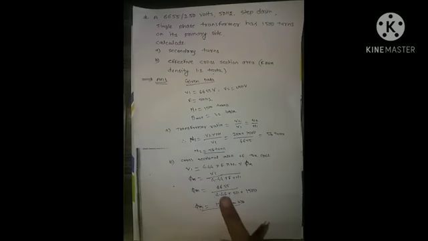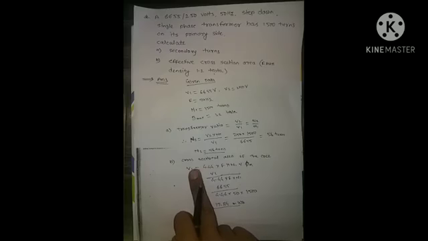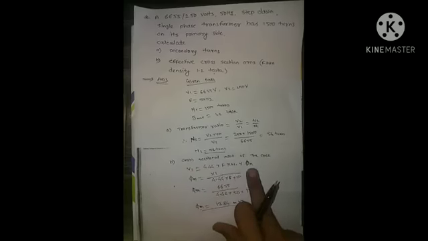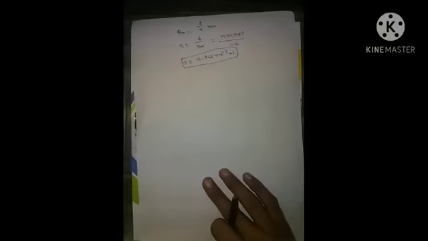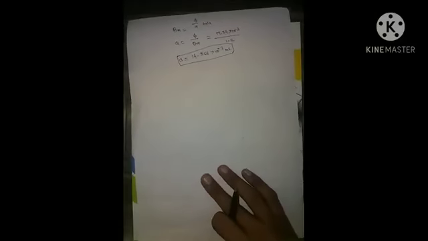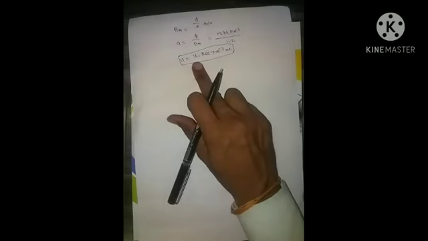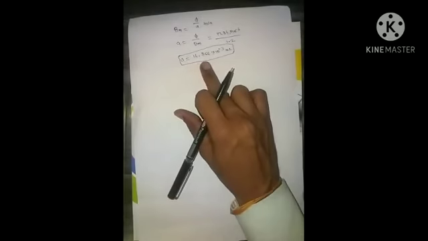For that we used the formula for the RMS value of primary induced EMF, V equals 4.44 into F into N1 into phi m. By rearranging the equation, we found the maximum value of flux, and then using Bm, A equals phi upon Bm, we found the cross sectional area of the core equals 14.866 into 10 raised to minus 3.